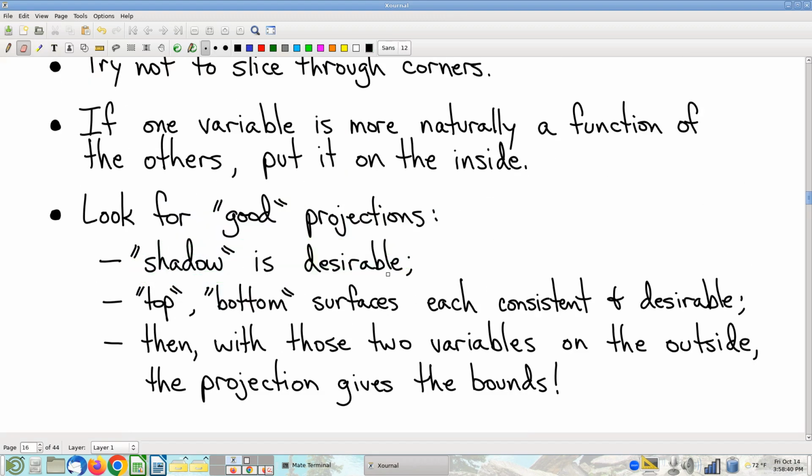Next, I claim that we've got a nice top surface. The top surface, I claim, is consistent and desirable. Let me show you on the picture what I mean by that.